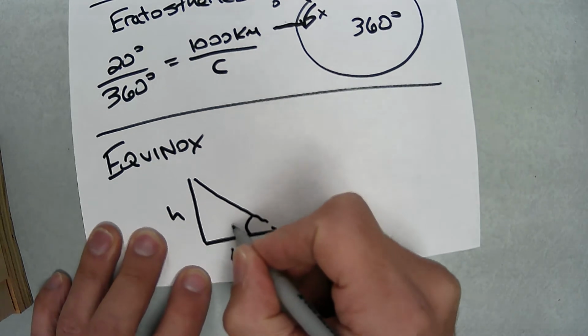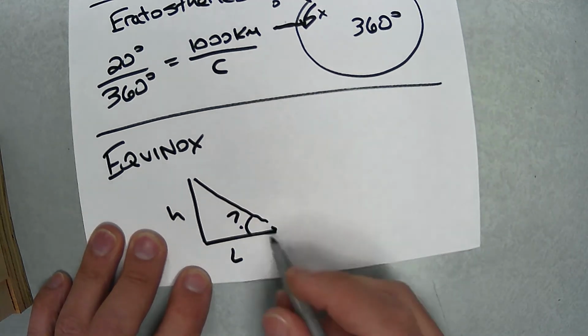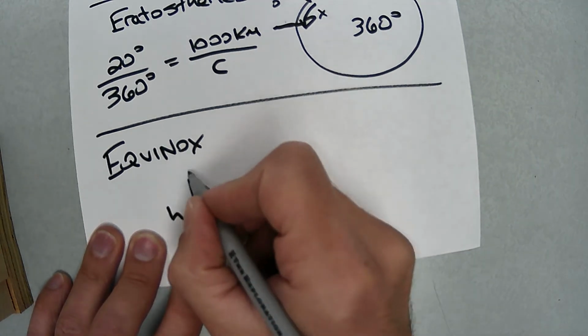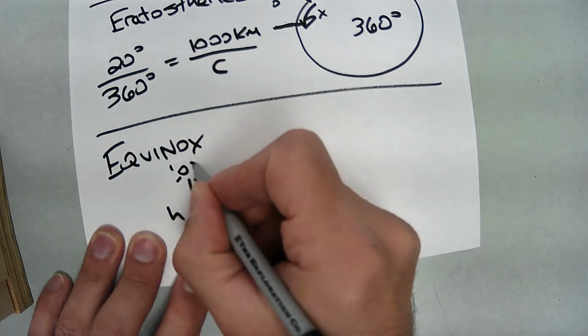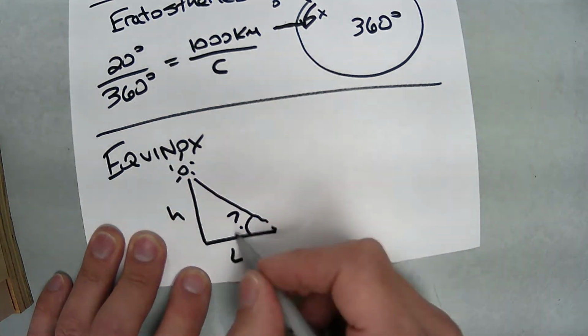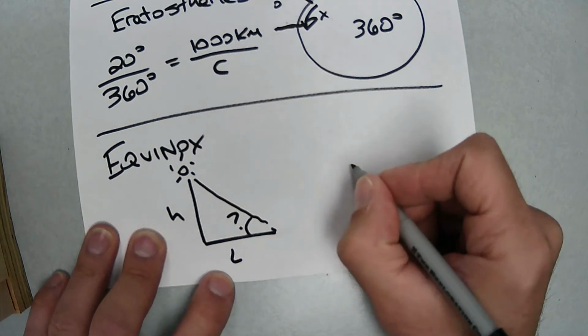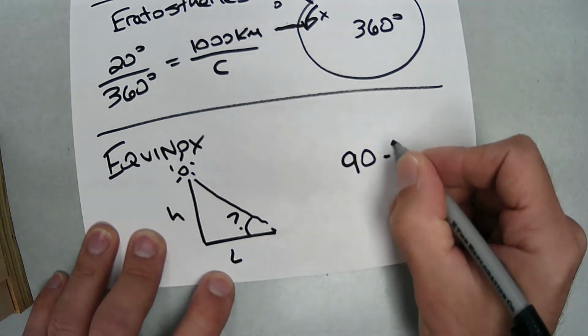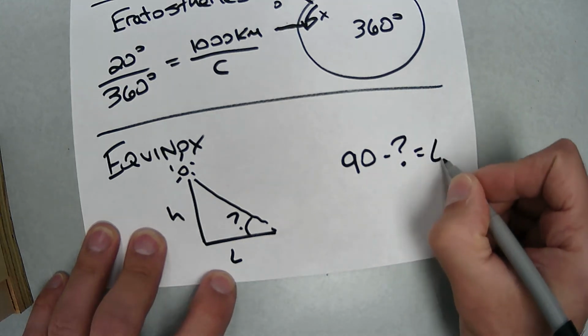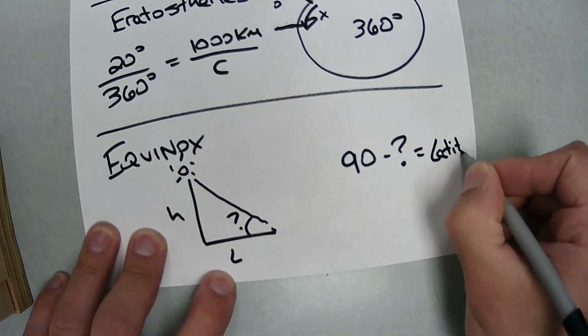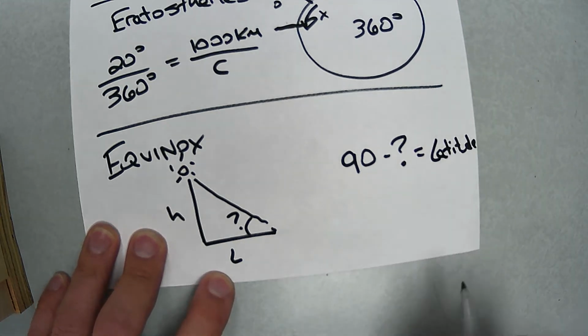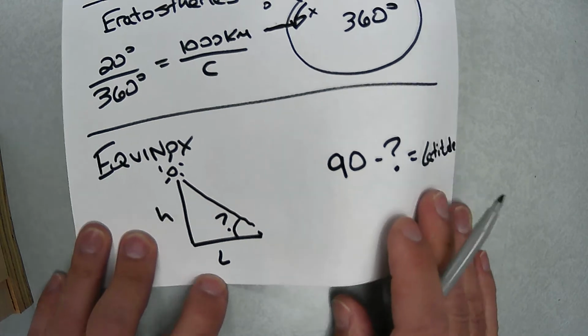We'll call that question mark. Okay, that's going to give you the altitude of the sun in the sky, your height above the ground. You have to take that 90 minus question mark to get your latitude. Okay, that's how you do that question. So we did that in class on the equinox day.